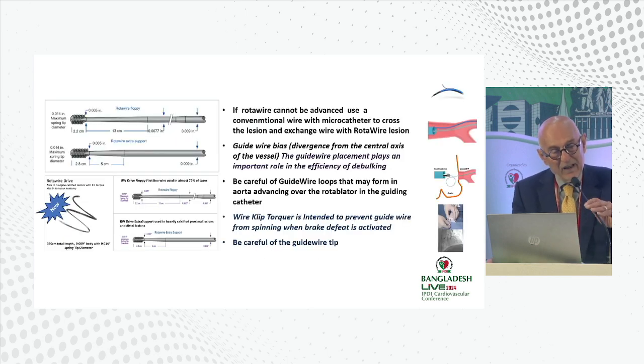The main difficulty is to maneuver the rota wire, and this may be improved by the next generation, the rota wire drive, which is new in the market and has the characteristics to navigate in calcified lesions with one-to-one torque.